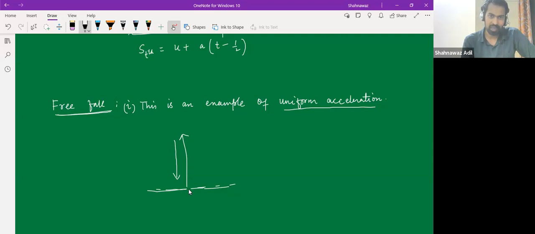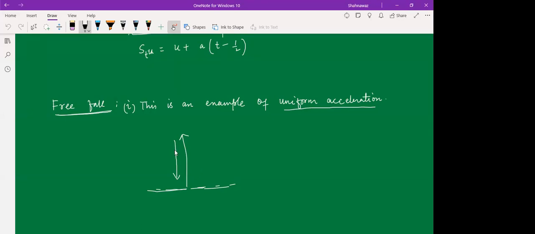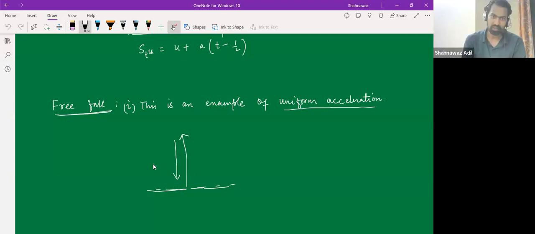But Earth is pulling it downward, so the acceleration is in which direction? Towards the Earth. So this is the acceleration due to gravity, and it acts towards the Earth.